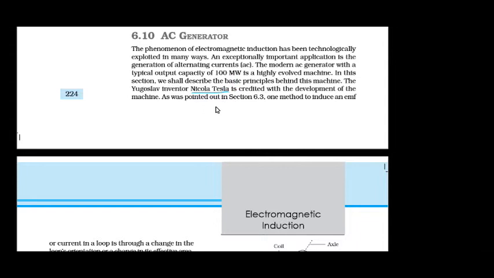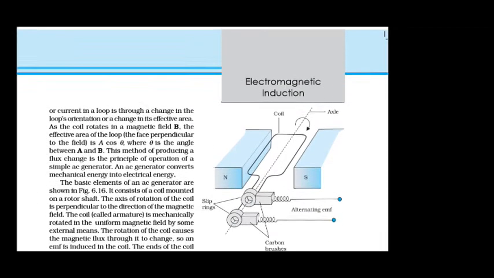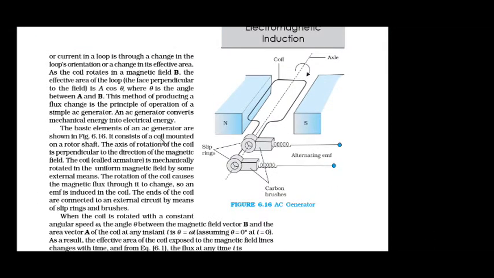As was pointed out in section 6.3, one method to induce an EMF or current in a loop is through a change in the loop's orientation or change in effective area.